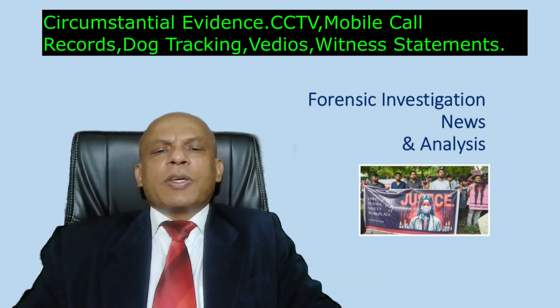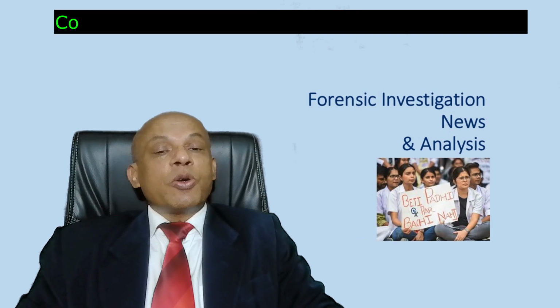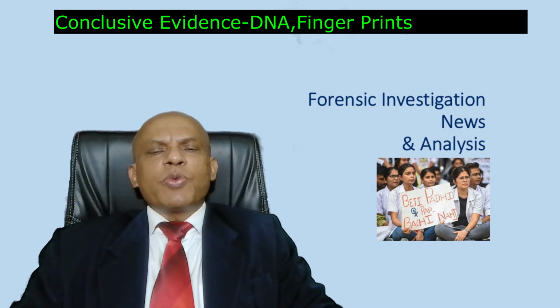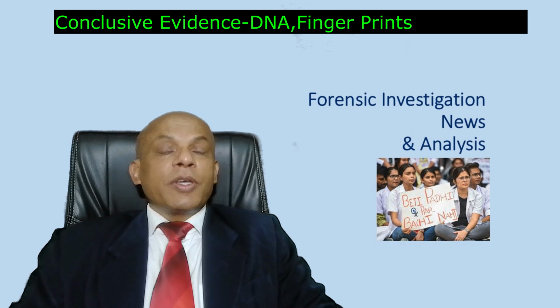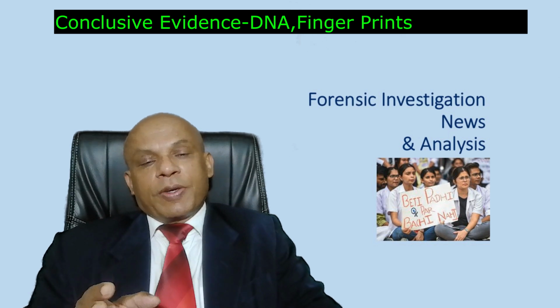Another very important thing, which is necessary to identify the accused beyond reasonable doubt, is the fingerprints and the DNA evidence. The most important thing is where do you find the DNA evidence? The DNA evidence is present both at the crime scene and on the dead body.